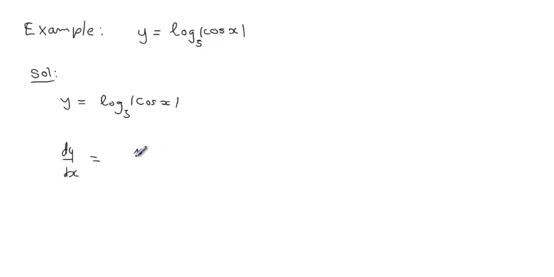She suggests that I must write 1 over ln 5, which you can just call ln of the base, multiplied by 1 over cosine x, multiplied by, let's first of all write this to guide people, the derivative of cosine x, so people can see what has happened, isn't it? 1 over ln of the base multiplied by 1 over the argument multiplied by the derivative of the argument. All together. Then we can simplify according to what she's saying.